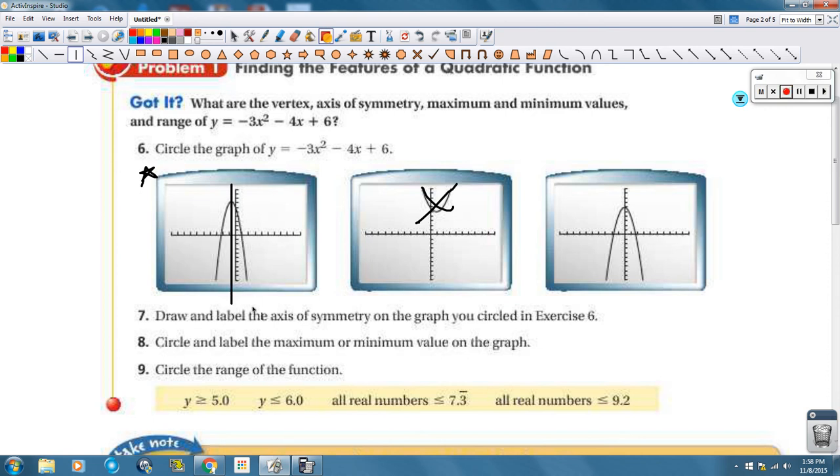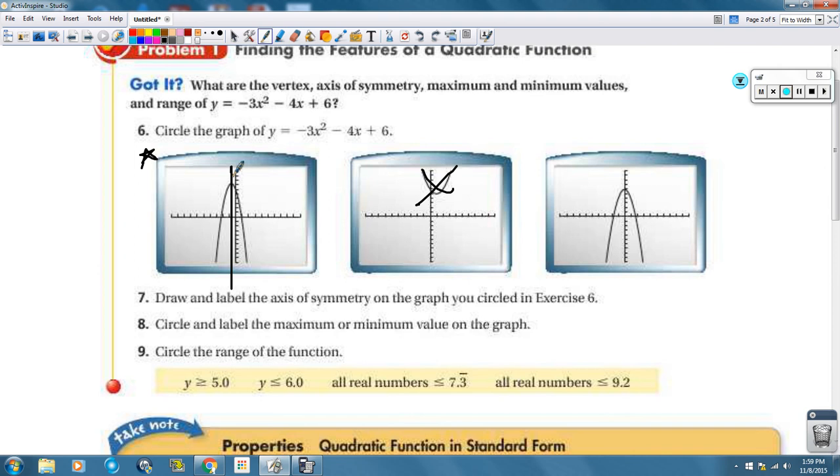And then I actually need this to be more of a dashed line than a solid line. And so that's going to be x equals negative 2/3. Okay, there's my equation.